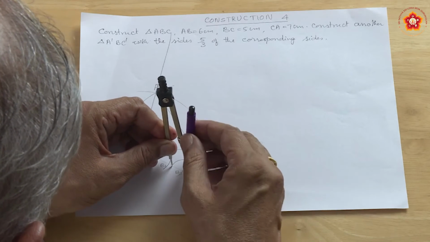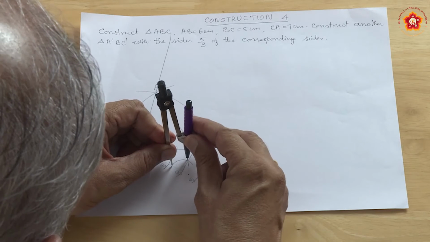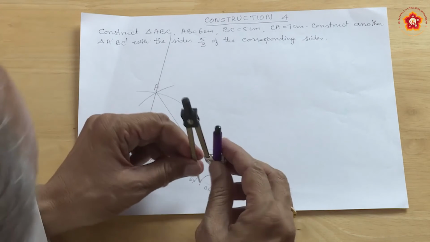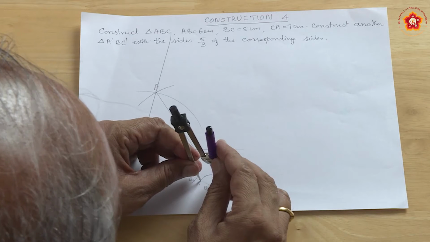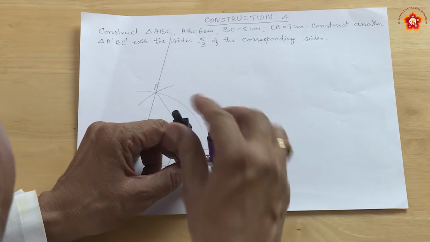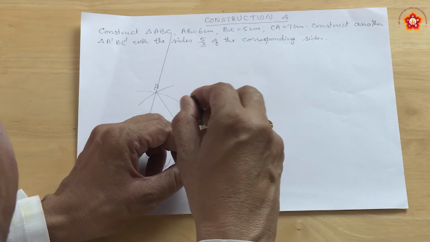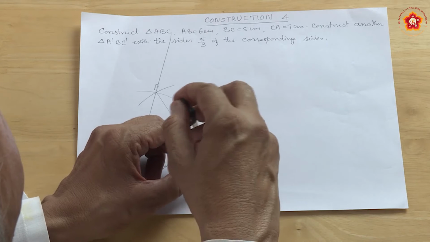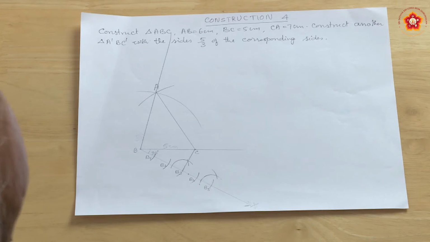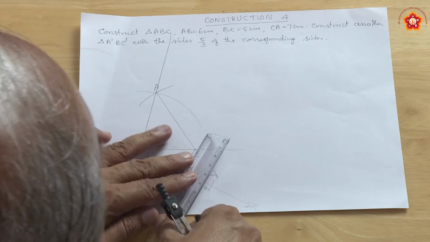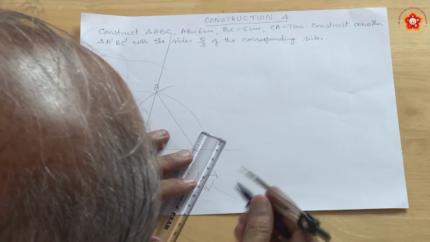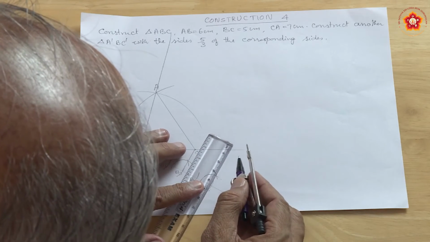I think you are also following what I am telling you. Cut the previous arc, now you are drawing a parallel line to B3C from B5.